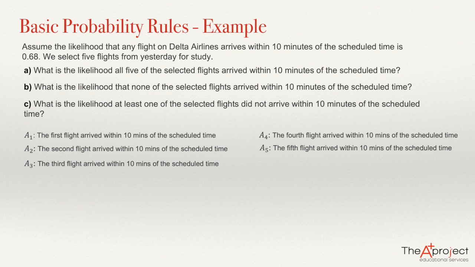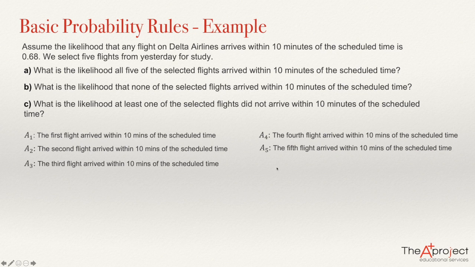of the scheduled time. And we also have the information that the probability that each of these flights arrives within 10 minutes of the scheduled time is given by 0.68. So the probability of A1 or the probability of A2 or whichever of these probabilities will be equal to 0.68.